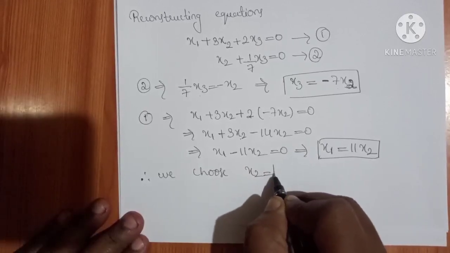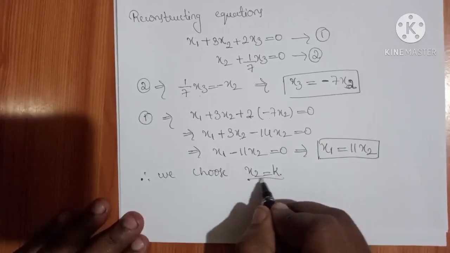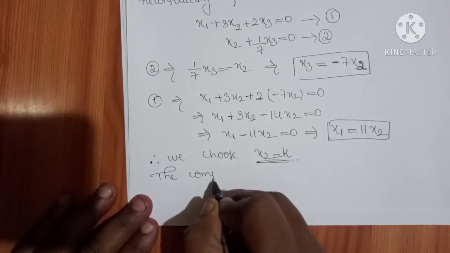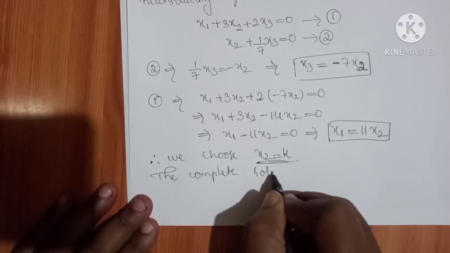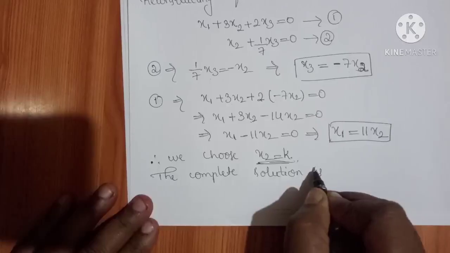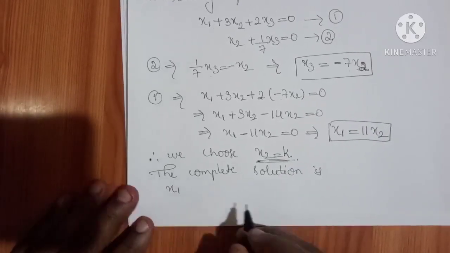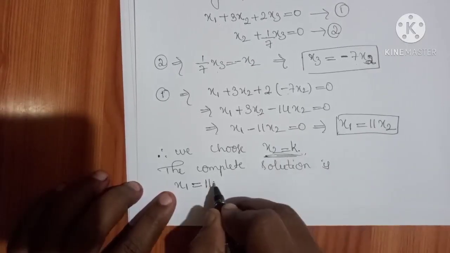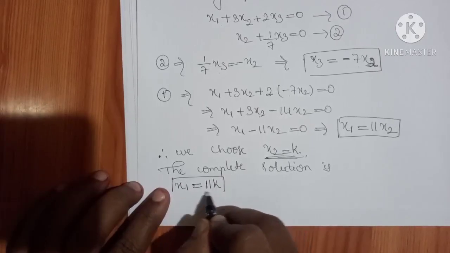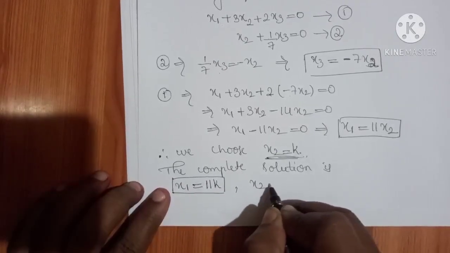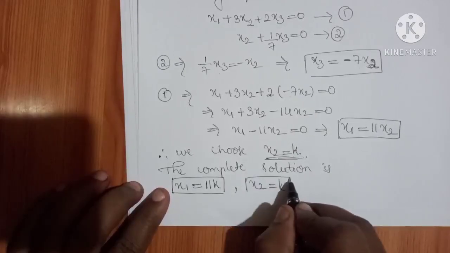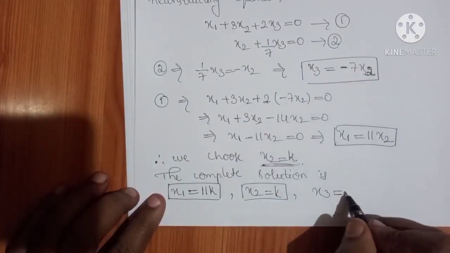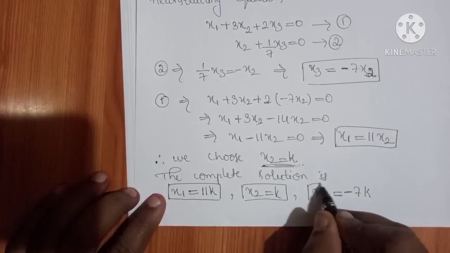Therefore in order to get the complete solution, I choose x2 equals another variable, that is k. So the complete solution is, first I will start with x1. x1 equals 11 into x2, means 11 into k, and x2 equals k, and x3 equals minus 7 into x2, means minus 7 into k.